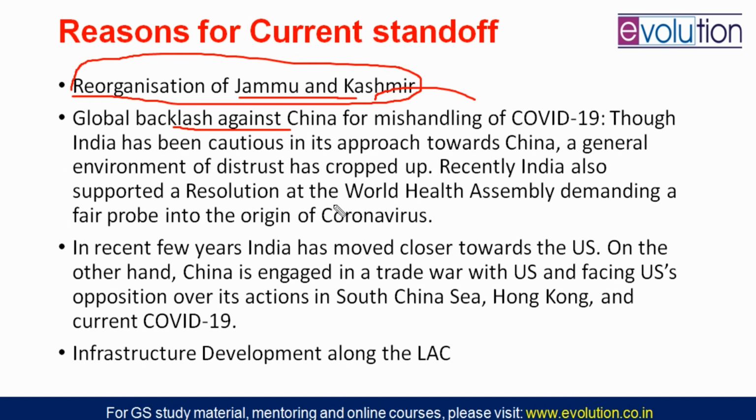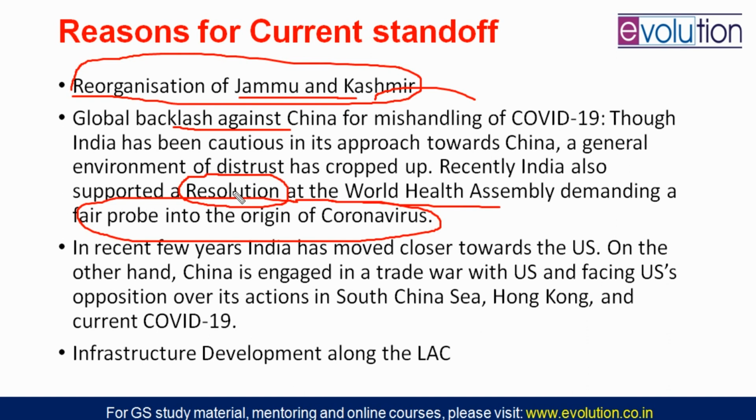Because there was a resolution in the World Health Assembly. That resolution demanded a fair probe about the origin of the coronavirus, whether it is really natural or was artificially created. This resolution was initially opposed by China, but later when many countries agreed, China said okay, we do not blame ourselves, we haven't done anything wrong, so let the real reason be known, and we are also supporting the resolution.